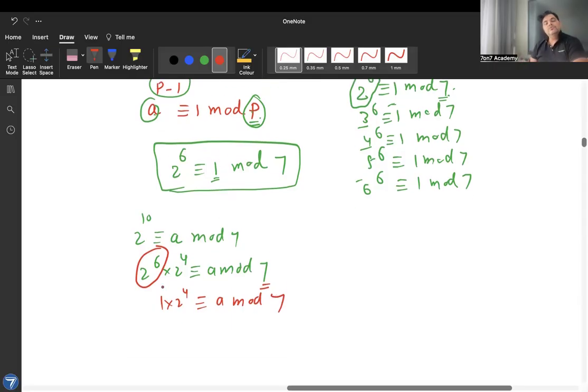So 2 raised to 4 is 16. 16 congruent to A mod 7. So this is 2 congruent to A mod 7. I hope you understand what I'm trying to do from this. So if you divide 2 raised to 10 by 7, the remainder is going to be 2. Is something wrong? 2 to the 10, yes, it could be, that's right. Saisa, you understood?